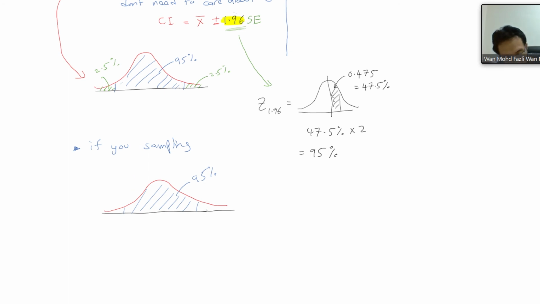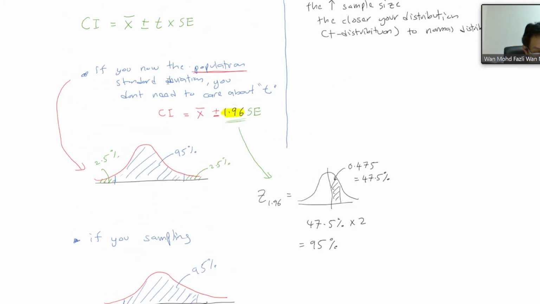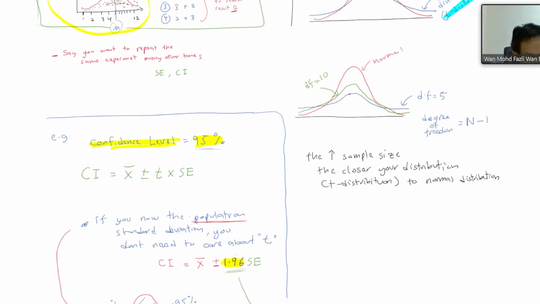Imagine this is the 95 region, but this 95 region is not the same as in the Z table. So you cannot use it directly. You want to somehow correlate with the normal distribution graph, but you cannot, because from what we learned before, what you get from a sample is not accurate enough to project to the normal distribution.